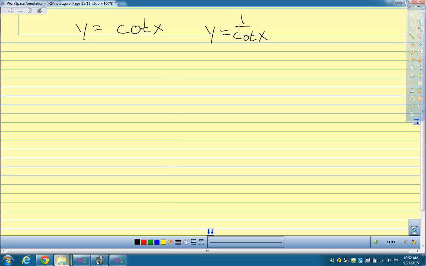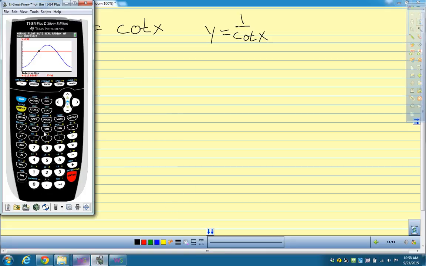Okay? If I bring my calculator up, I'm going to set my window now to negative 2 pi up to 2 pi, and I'm gonna change my y min and y max because I want to see negative.